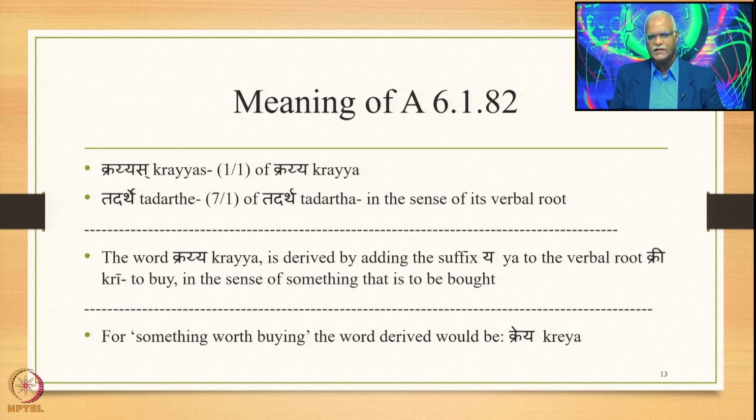So kreya and kraya, even though derived by adding the suffix ya to the verbal root kri, do mean different things. Kraya means something that is to be bought, and kreya means something worth buying. The shade of difference of meaning is visible.